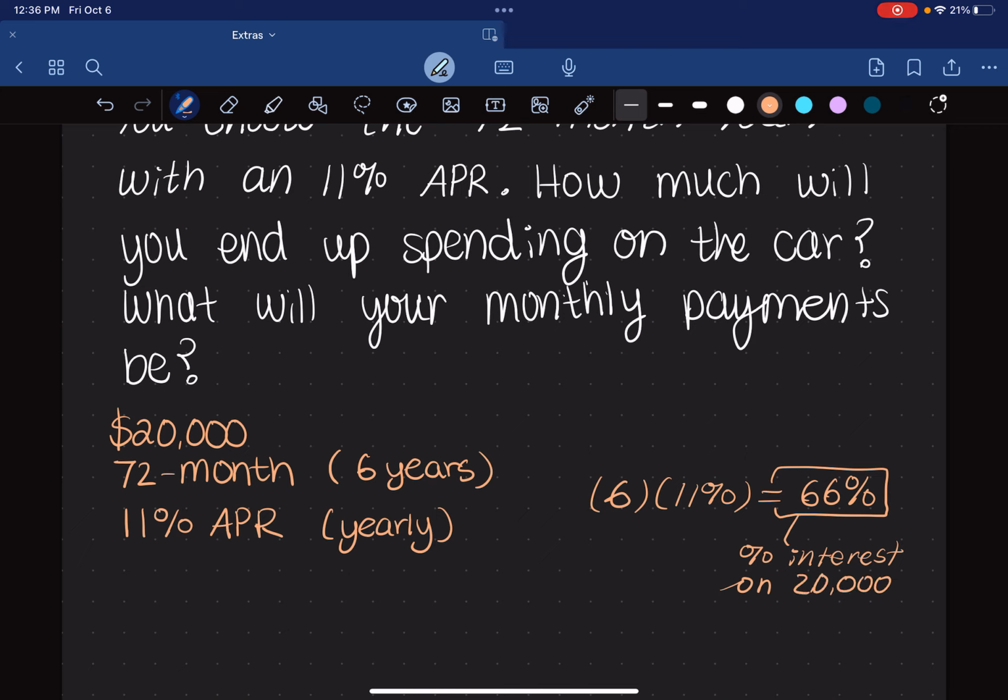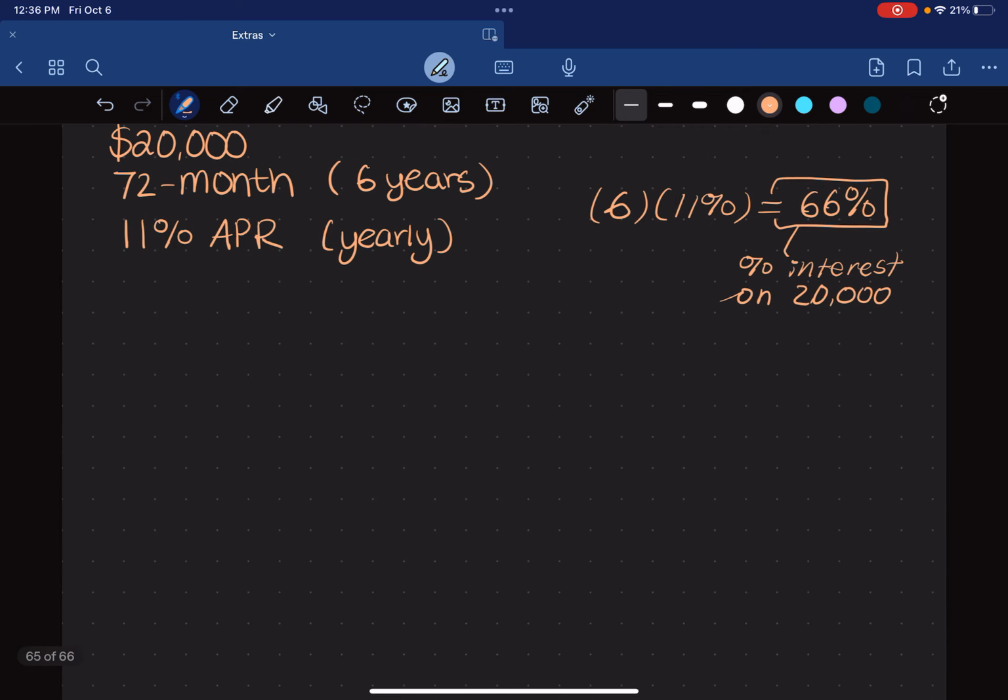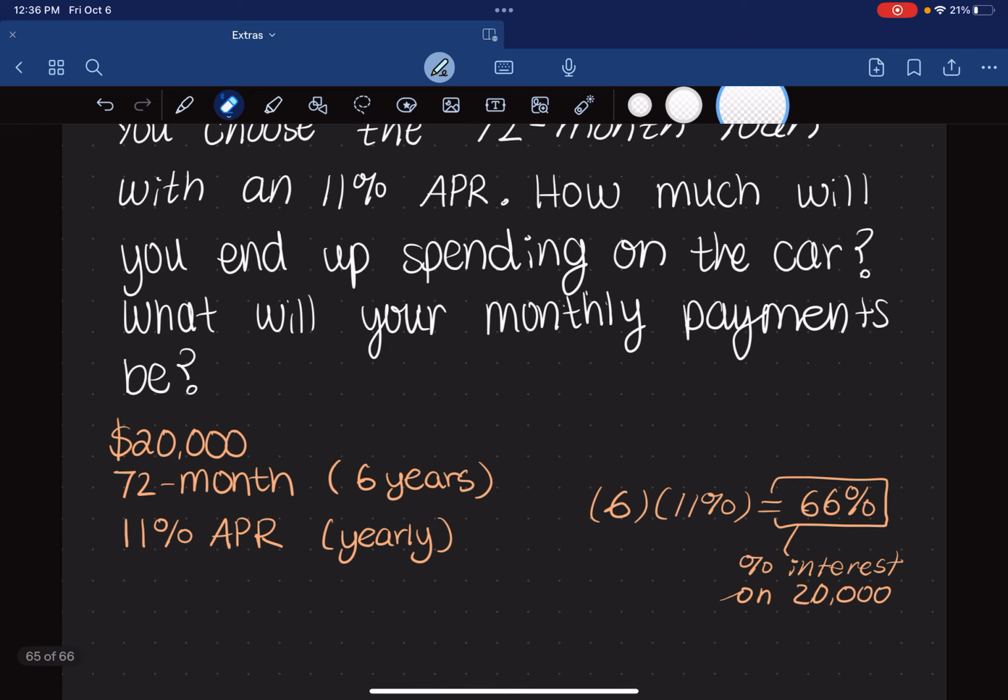for that 72-month loan. So if we want to figure out how much we end up spending on the car, we're going to find 66% of the $20,000. That's going to be the interest that we spend on the car, and we'll add that to the original $20,000.